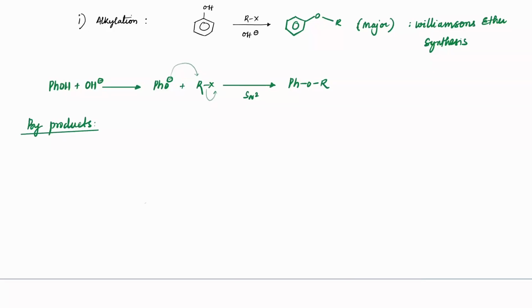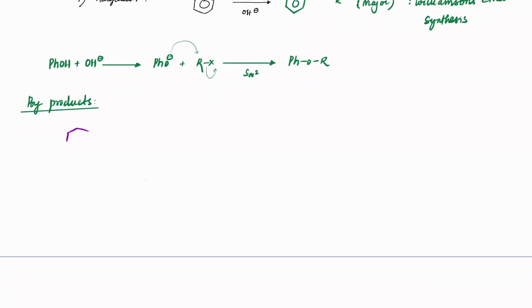See, if you have phenoxide ion here, due to resonance with O minus, the double bond can shift here, the pi bond can shift here. So as you react with CH3Cl here, this carbanion will attack the CH3 and remove this Cl.